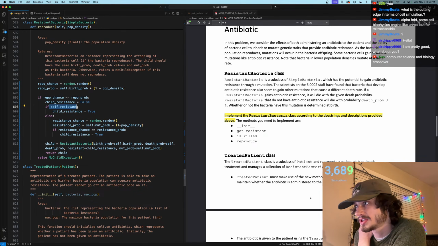If the parent is resistant, then the child resistance becomes true. Else, we get a random resistance chance, and then we calculate the resistance probability of the child. If the resistance chance of the child is within the scope of the resistance probability of the child, then the resistance of the child becomes true. And if that doesn't happen still, the resistance remains false, and no matter what, the child is created within this scope, and the resistance is set as the child resistance, and we return the child.